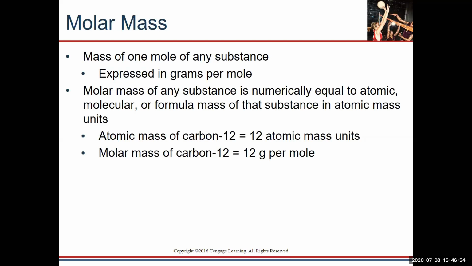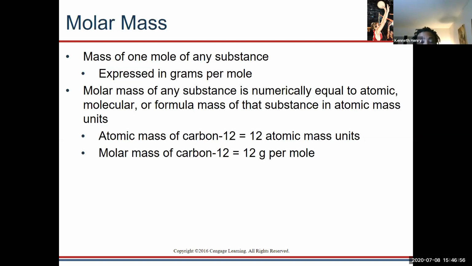So if we want to calculate the molar mass of a compound, how would we go about that process? Would it be any different than calculating the formula mass? No. Okay, you guys look at me like I've lost my mind.